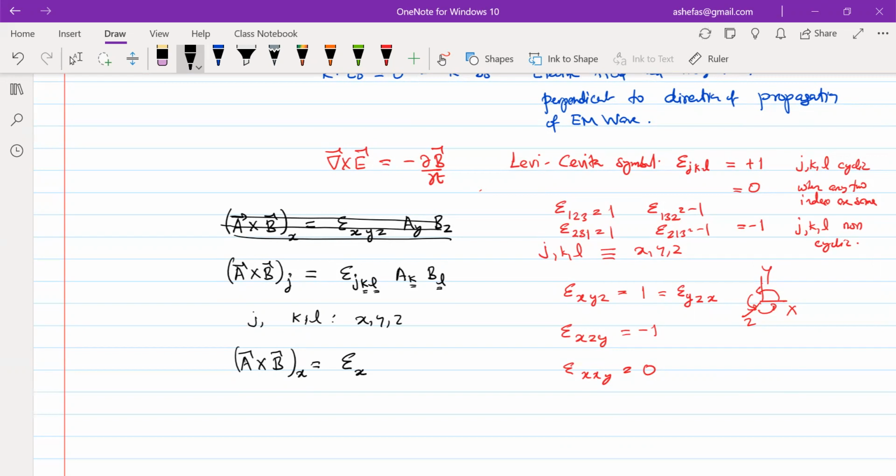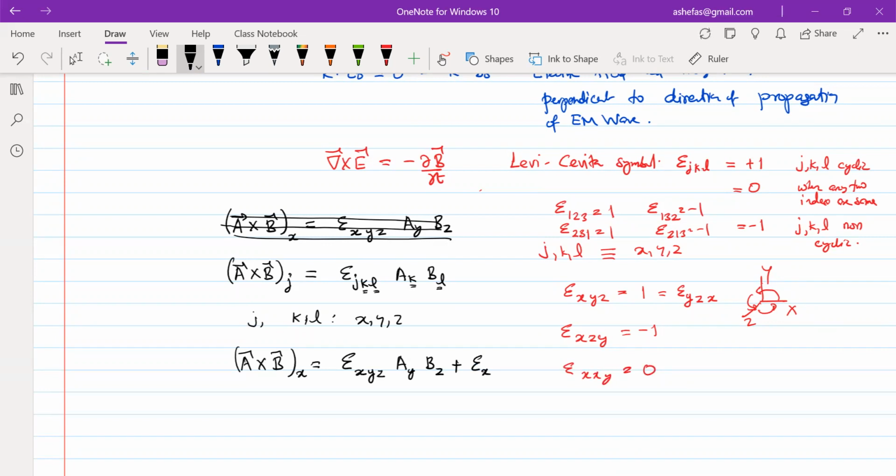Then the only possibility for k is y. Now if k is y, then l cannot be y, and l cannot be x also. So the only possibility for l is z. Then correspondingly A k would become A y and B l will become B z, plus epsilon x.